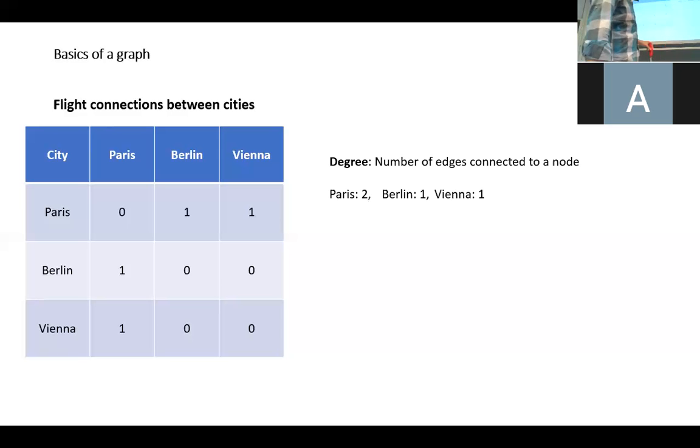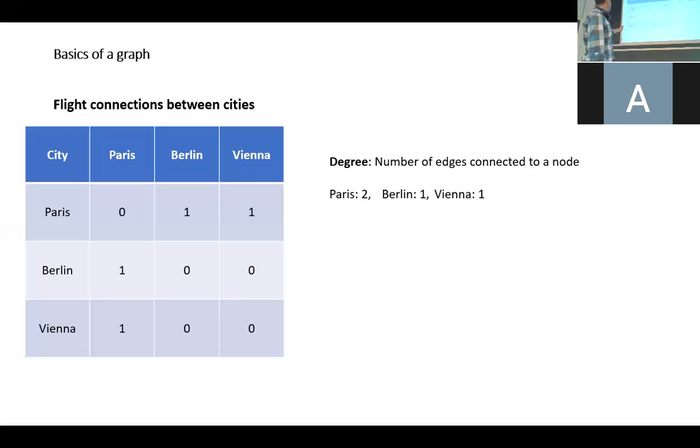Here are some important parameters. These cities are considered nodes in my network, and these connections are called edges. We can calculate a very important parameter for each node, the degree. Degree means how many edges are connected to each node.